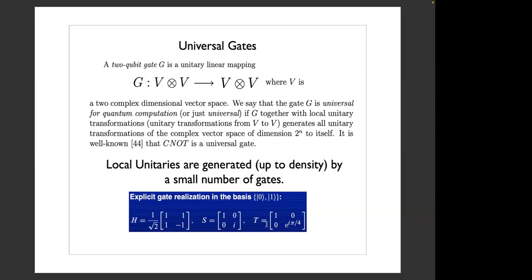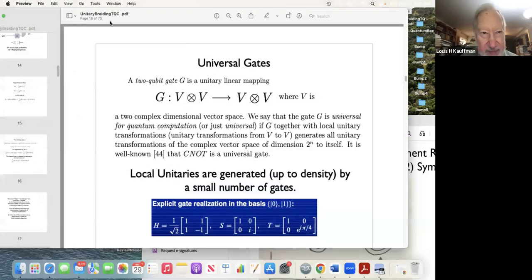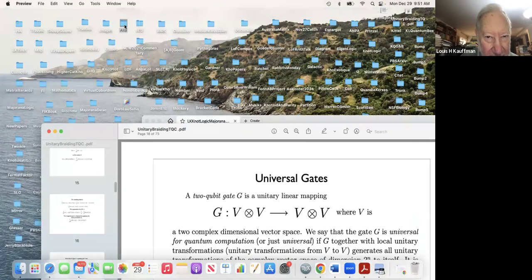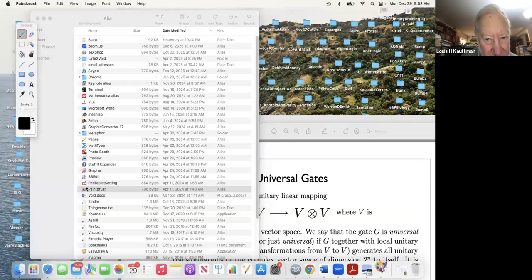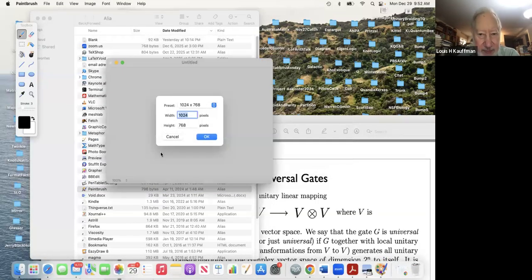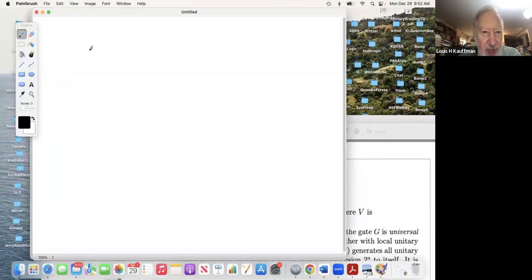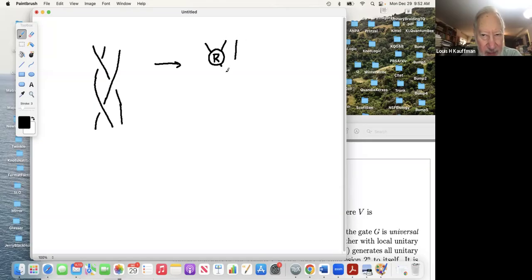Okay, I'll draw you a picture because this is worth thinking about. Sorry, I should have brought this up before. Paint. There. Okay. So what I'm saying is an element of the braid group looks like this. All right. And you could imagine that this goes to a tensor situation where you have an R here, and then you have an R here, and then you have an R here.